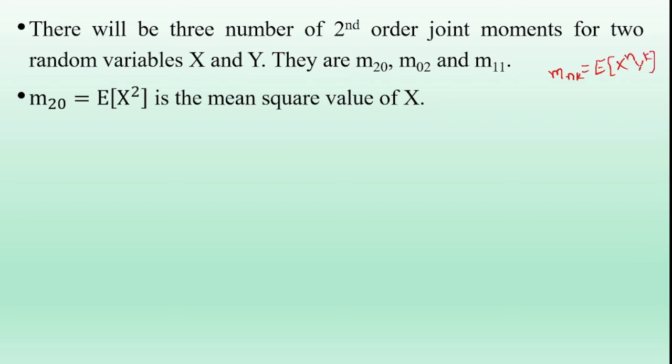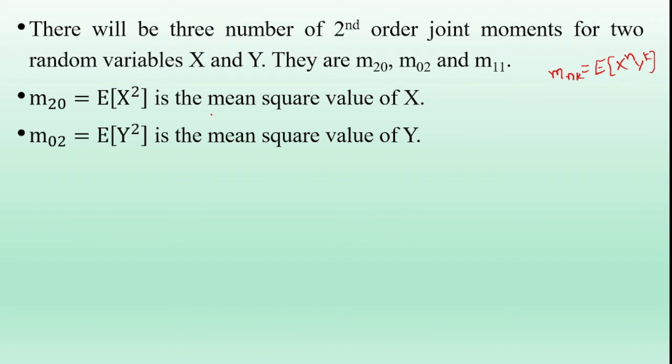So in this general representation, substitute n is equal to 2, k is equal to 0, we get m20, which is equal to expectation of x square. So m20 is the second order moment, expectation of x square. That m20 or expectation of x square is the mean square value of the random variable x.